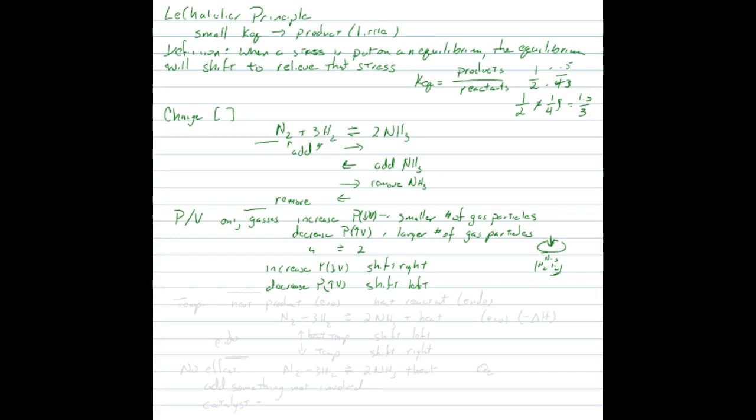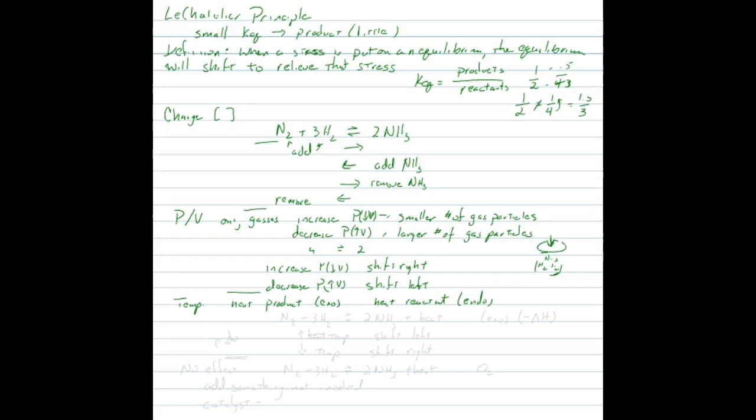You can change temperature. You can find if it's exothermic or endothermic. You can treat heat as a product, which means it's producing heat. That means it's exo. Heat is a reactant if it's endo.